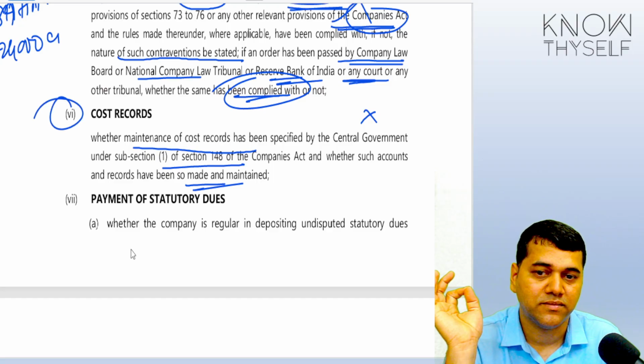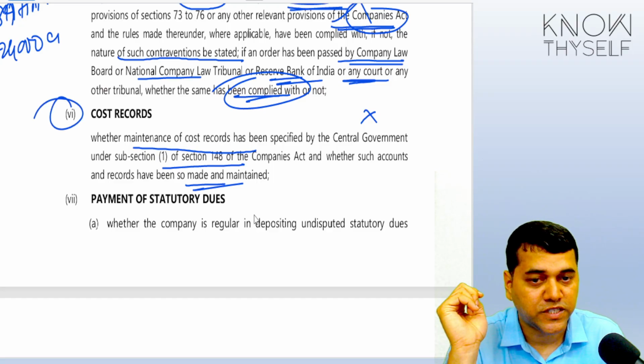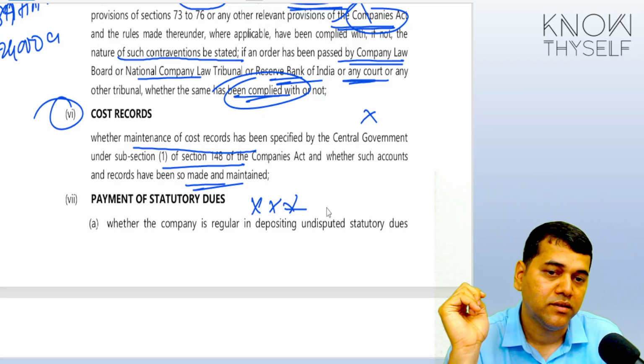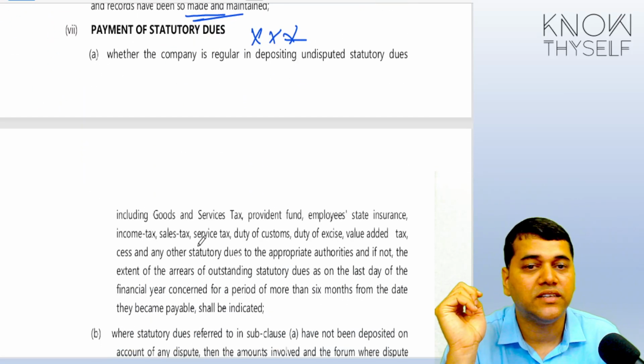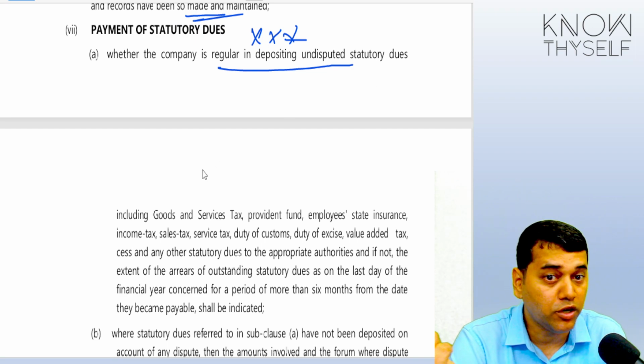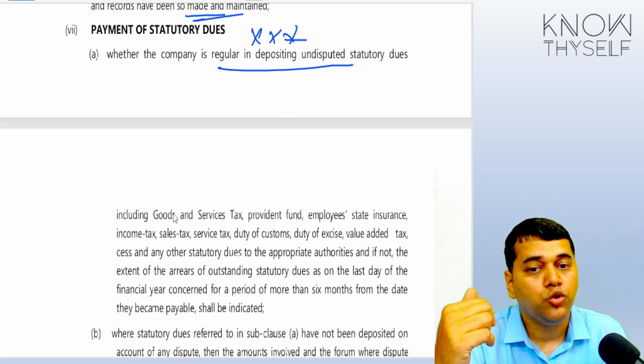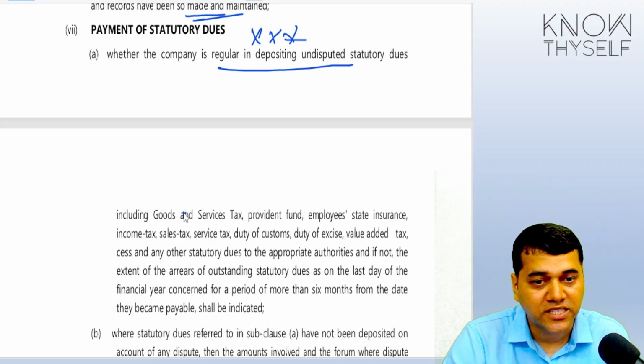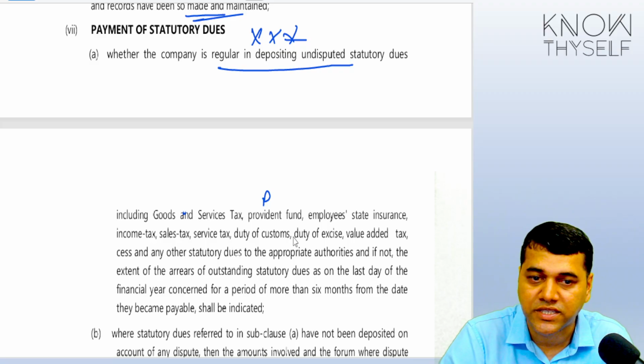Clause number 7. Payment of statutory dues, very important. Whether the company is regular in depositing undisputed statutory dues, not disputed. Like you have got deadlines to deposit GST, PF, ESI, income tax, sales tax, service tax.